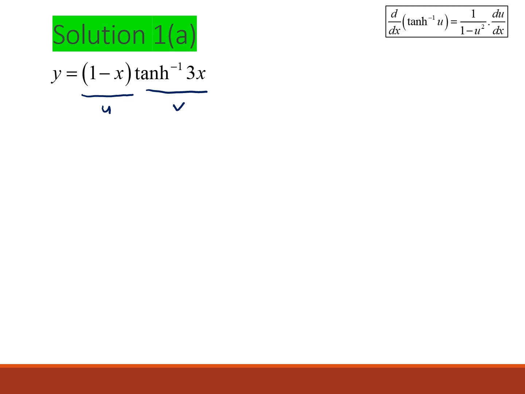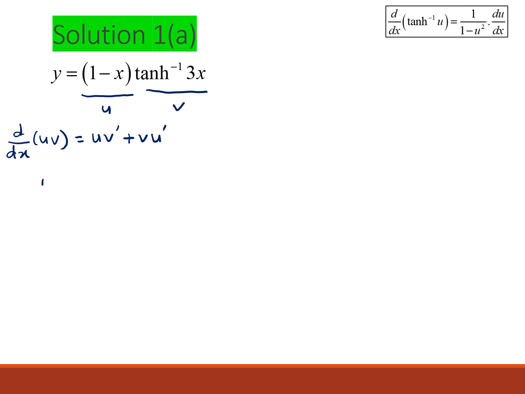So since this is the product of two functions, we will use the product rule in order to find the differentiation of this equation. So first, we know that d over dx of a product is equal to u times the derivative of v plus v times the derivative of u.